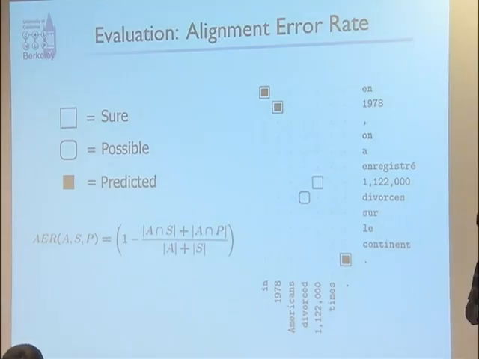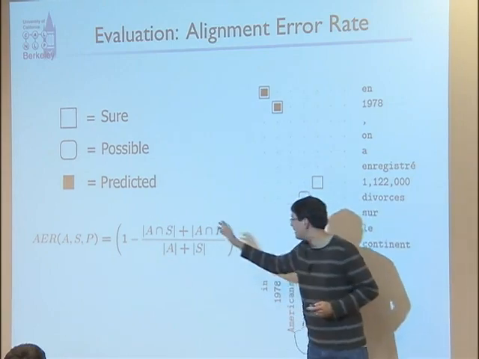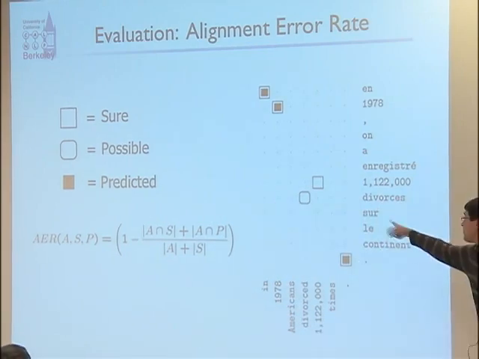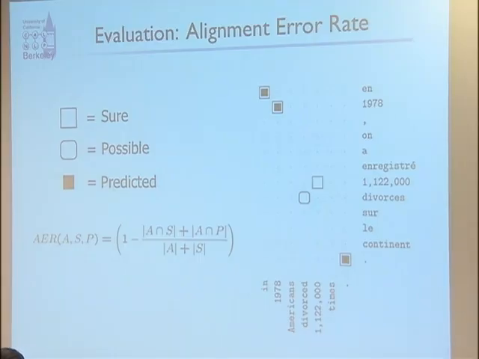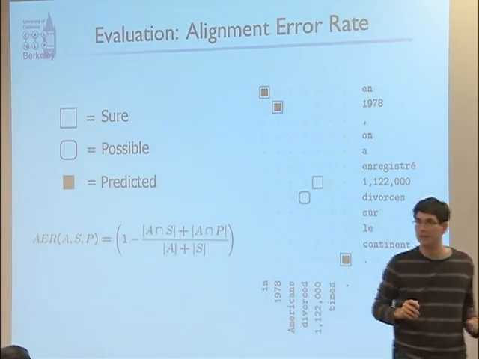And for recall, which is how many of the alignments that I should have predicted did I actually predict, I only have to predict the sure ones. This notation encapsulates that in some set notation. But the point is that we're just computing the harmonic mean of this precision and this recall. This will give us some number between 0 and 1. And since it's an error rate, 0 is good, 1 is bad. That's why we have 1 minus the whole thing.